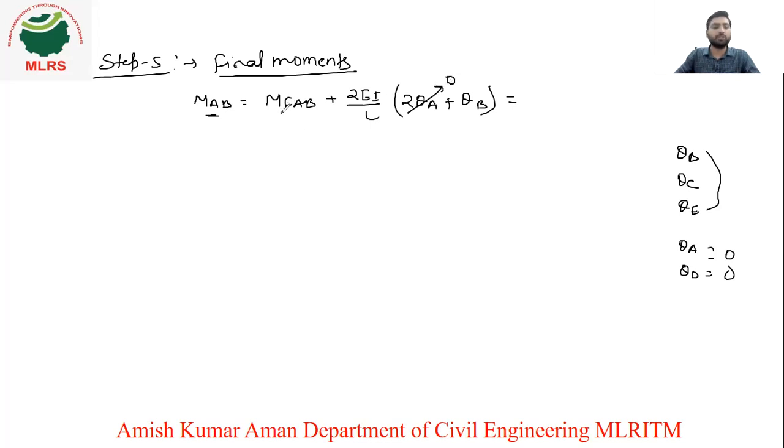MFAB is also 0, as we have calculated. So simply 2EI by L, L for the AB span, and we put the theta value, we will get 36.522 kilonewton meter.